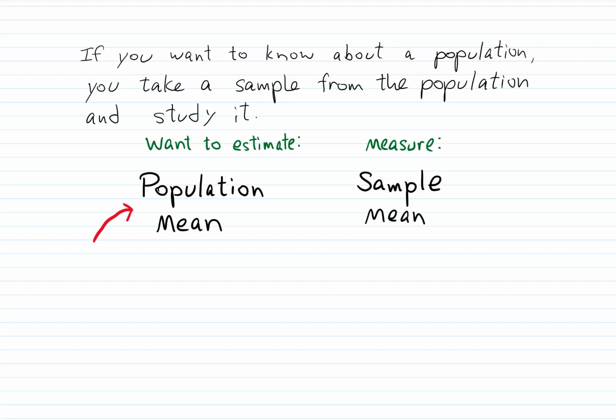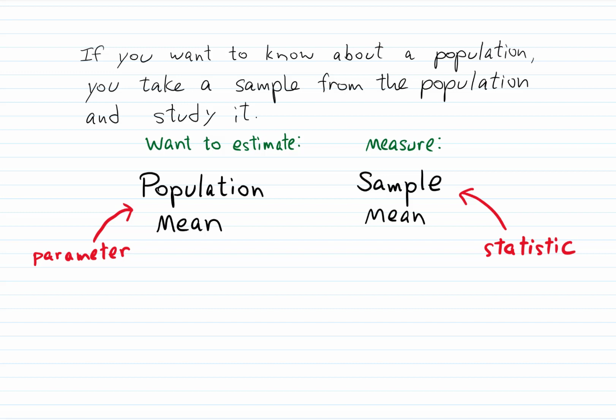This is called a parameter, and this is called a statistic. Remember, P with P, S with S. A population measurement is a parameter, and a sample measurement is a statistic.